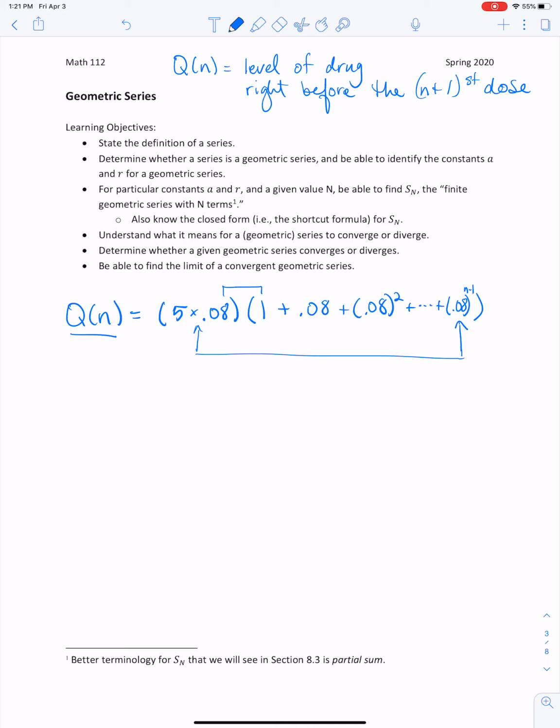So it turns out, of course, that quantities like this show up in a lot of different scenarios. And so we'd like to be able to analyze these kinds of sums more generally. And so what I'd like to do is notice the format for this sum is an expression like the following.